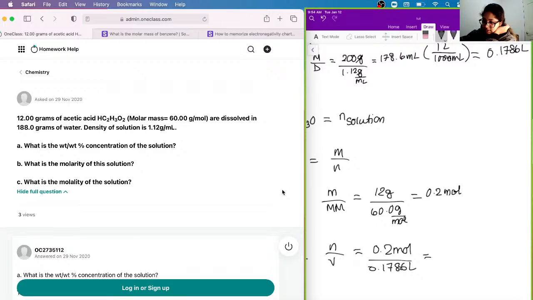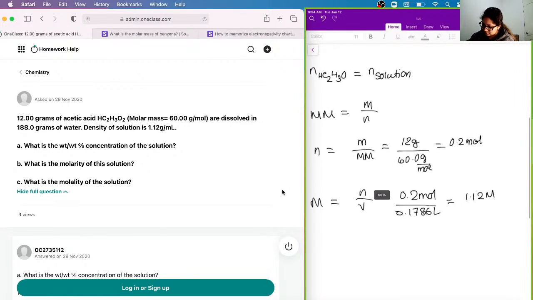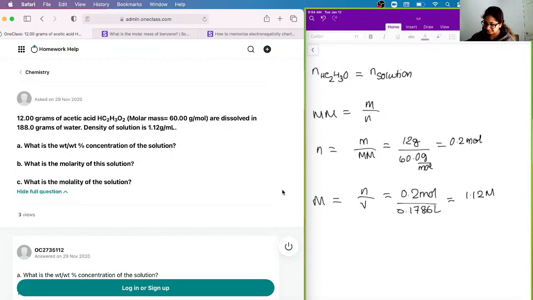Okay, and so the answer here would be 1.12 molar. Okay, so this is the answer for the molarity.